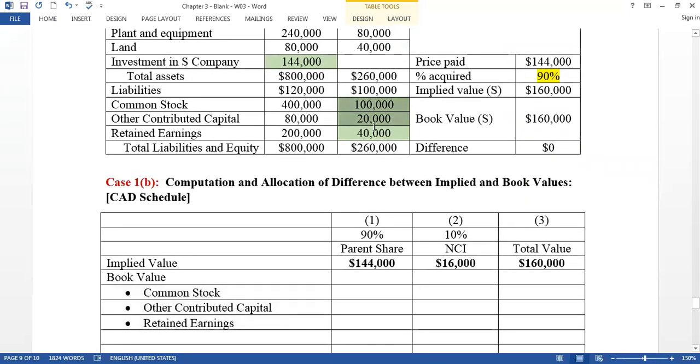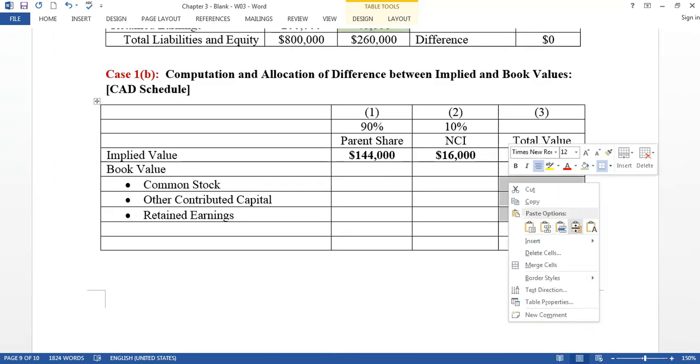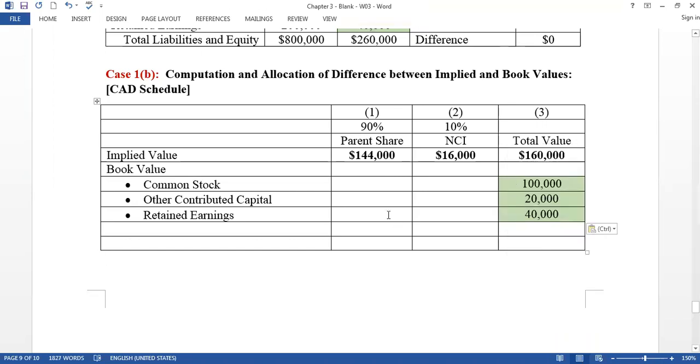And this is the book value of the subsidiary company, but as a parent company, you can claim only 90,000. This is 10,000. 18,000. This is 2,000. 36,000 and 4,000.